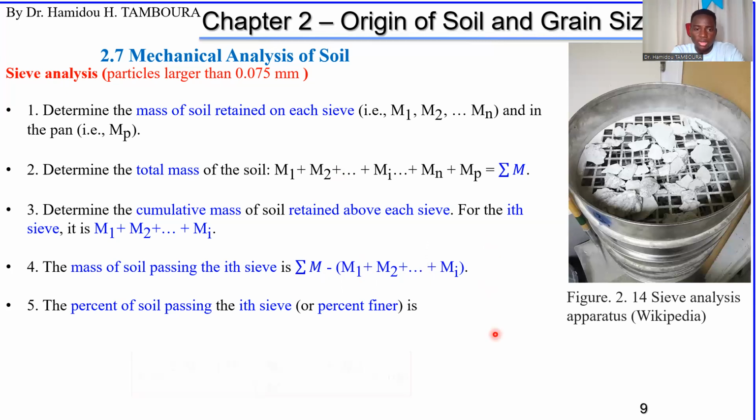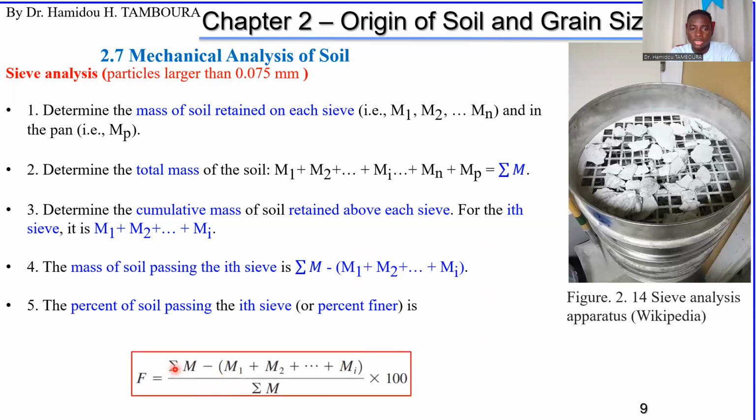And we calculate the percentage by doing the mass that went through the sieve divided by the total mass and multiplying by 100. This formula is just this one, okay? The mass of soil passing the sieve divided by the total mass, and then you multiply by 100 to get it in percentage.